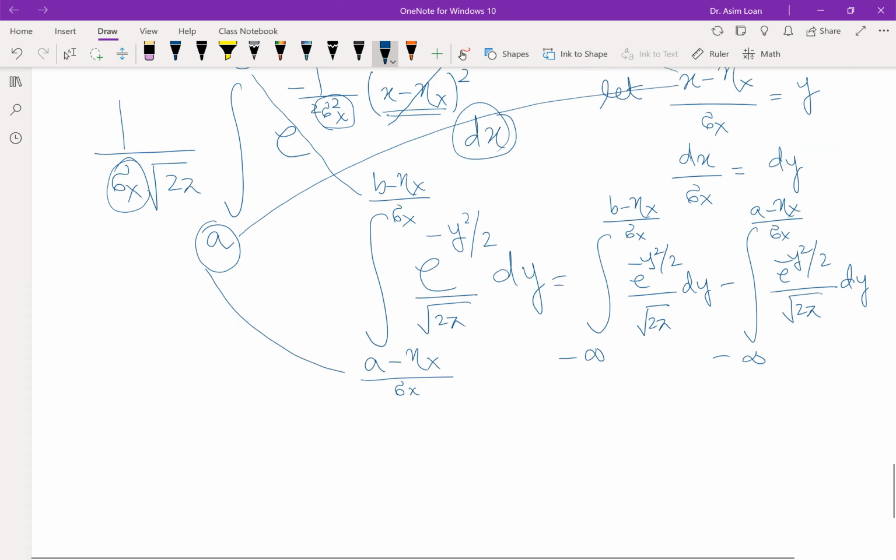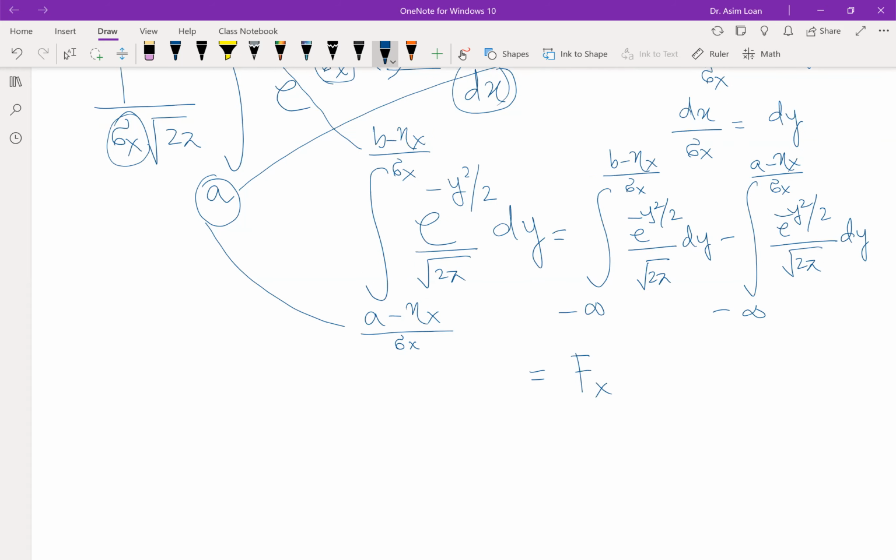And this is simply equal to fx or g, with upper limit b minus eta x over sigma x, minus fx of a minus eta x over sigma x.